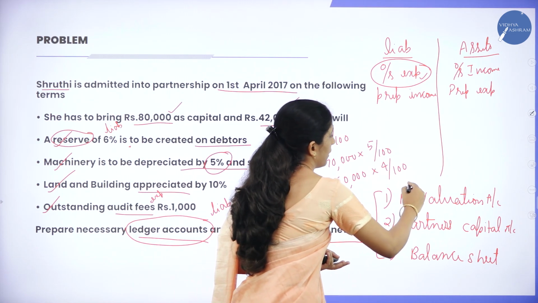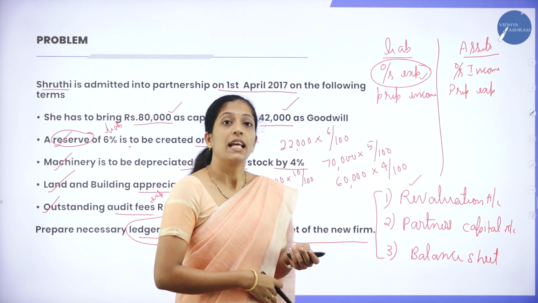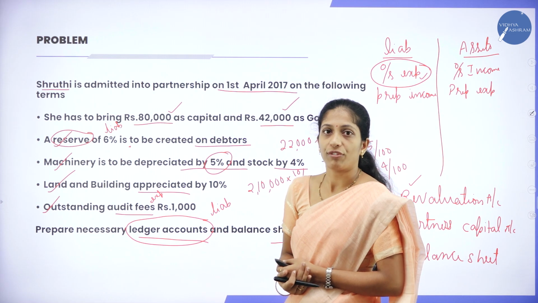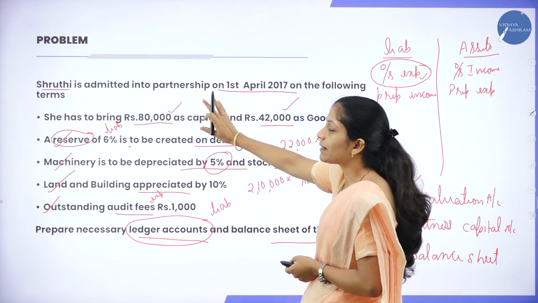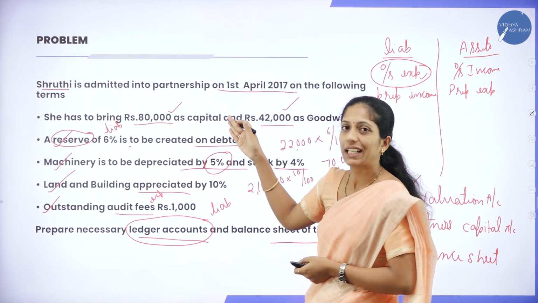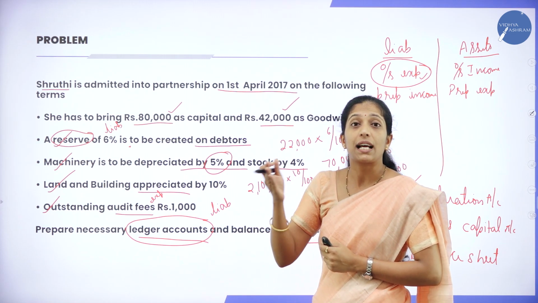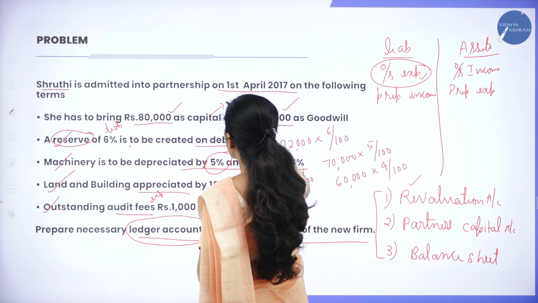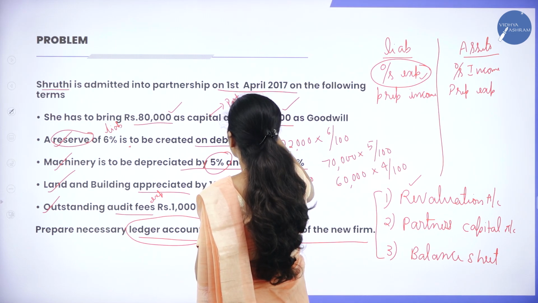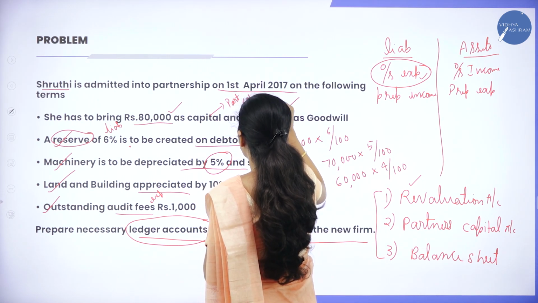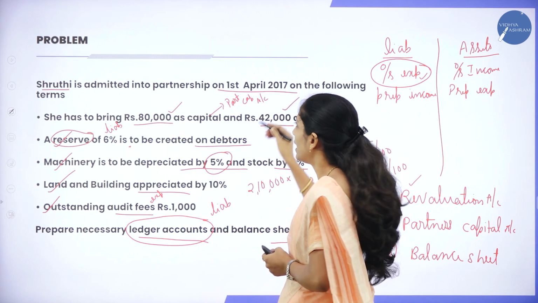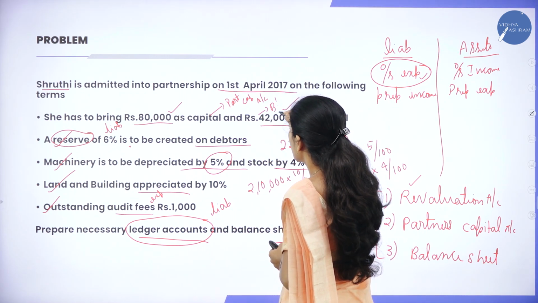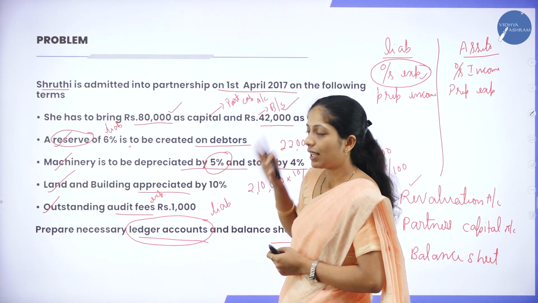Now in your revaluation account, what do we record? Increase or decrease in the value of assets and liabilities. Leave the first adjustment, as it relates to capital as well as goodwill, so it comes under partners capital account and once it has to be recorded in the balance sheet. So 2 times it will occur.